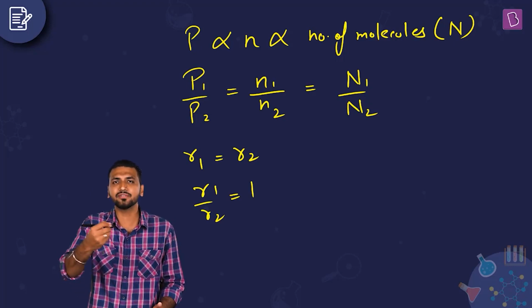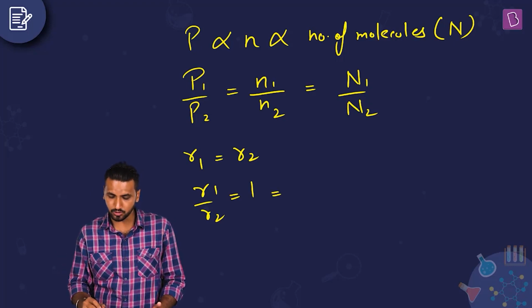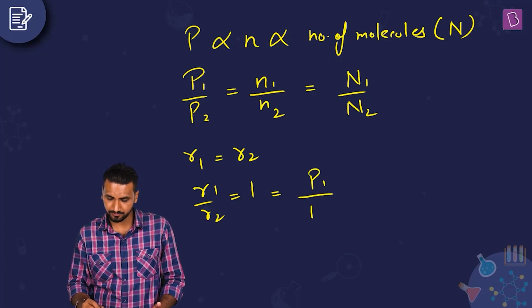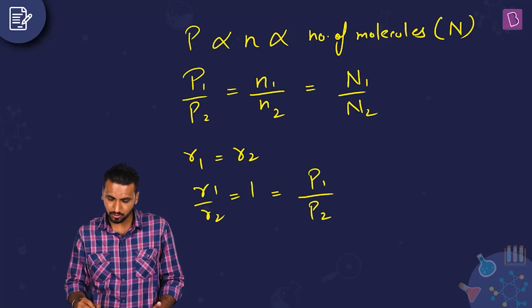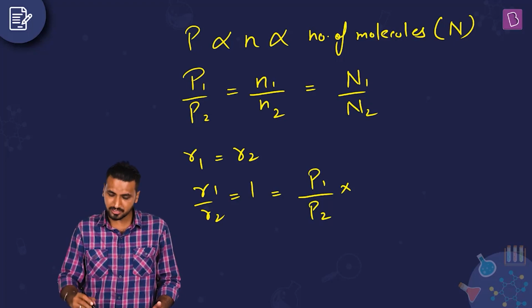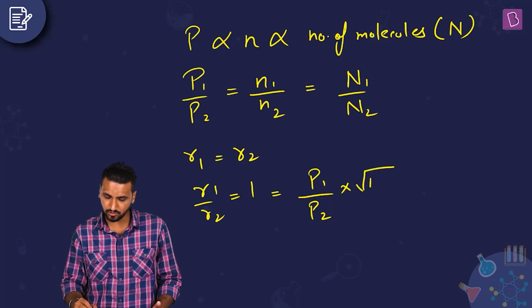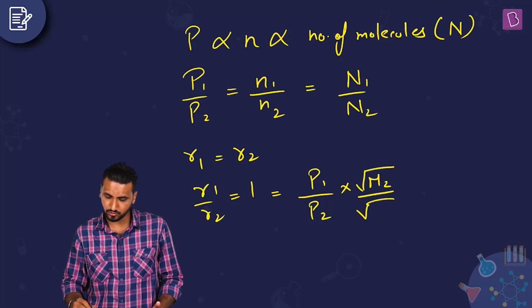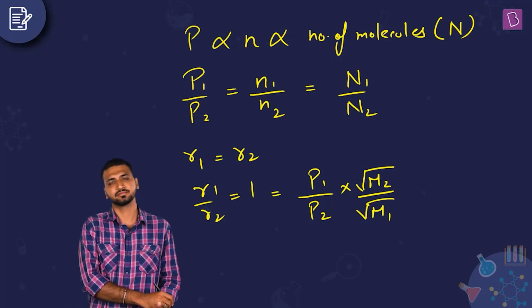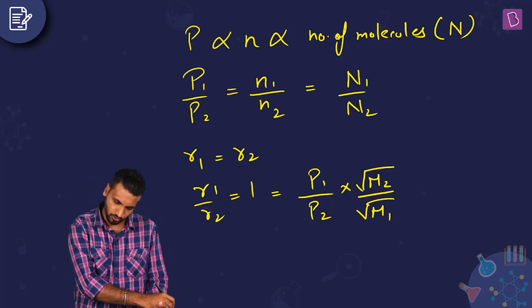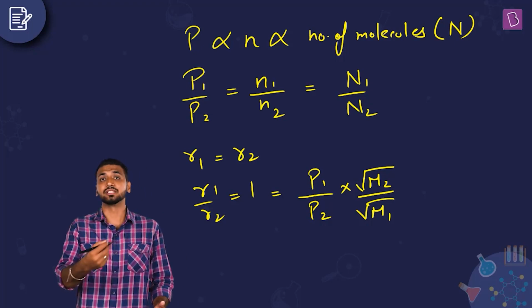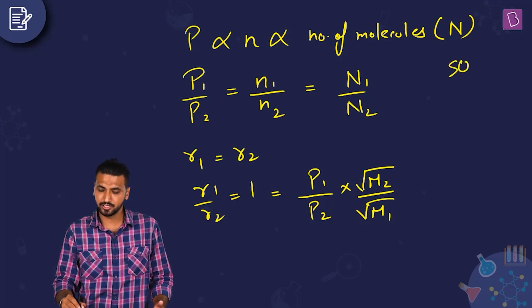The ratio of rates will be equal to the ratio of pressure into the inverse of molar mass, that is square root of M2 upon square root of M1.